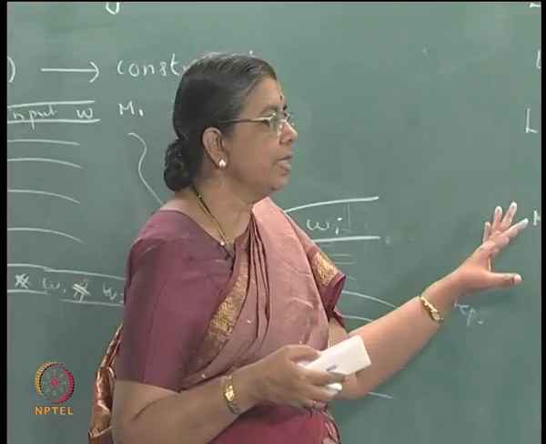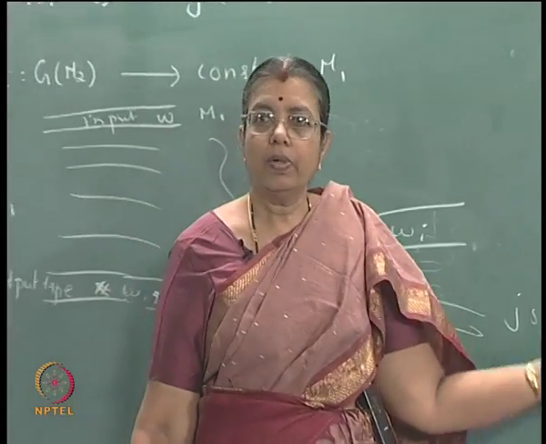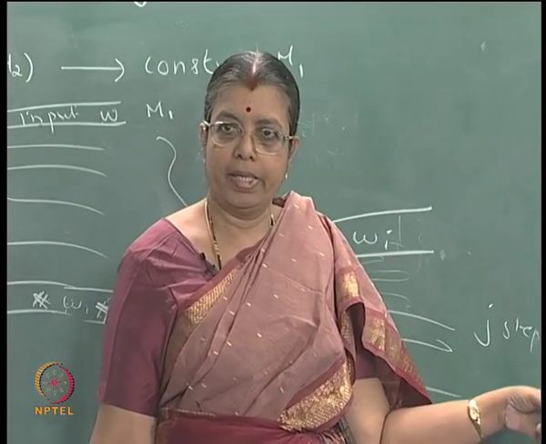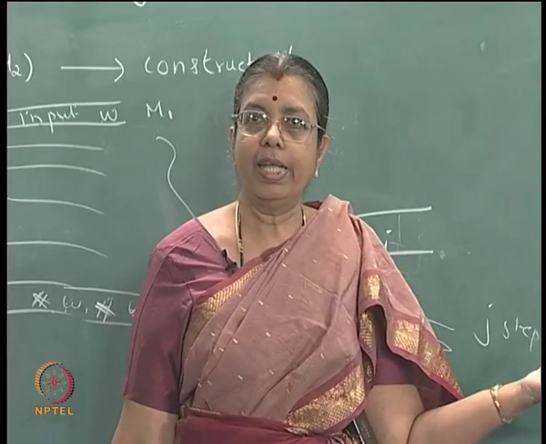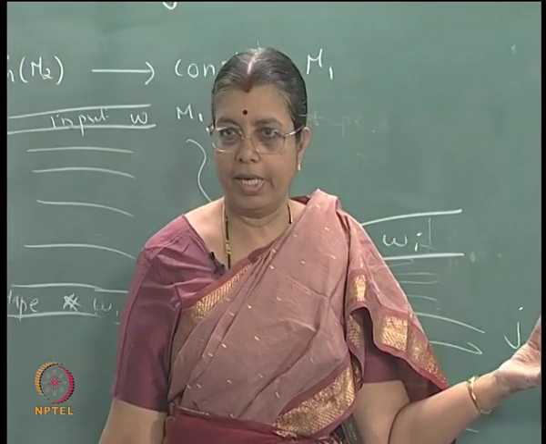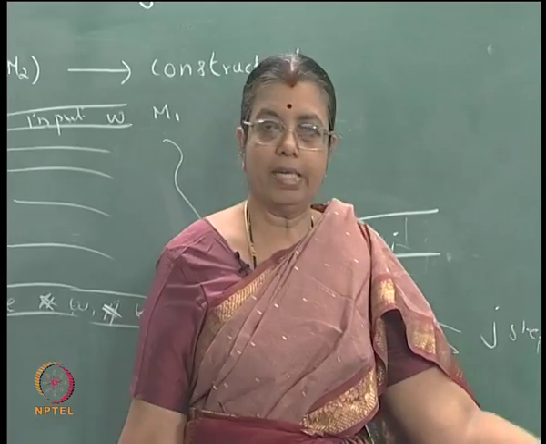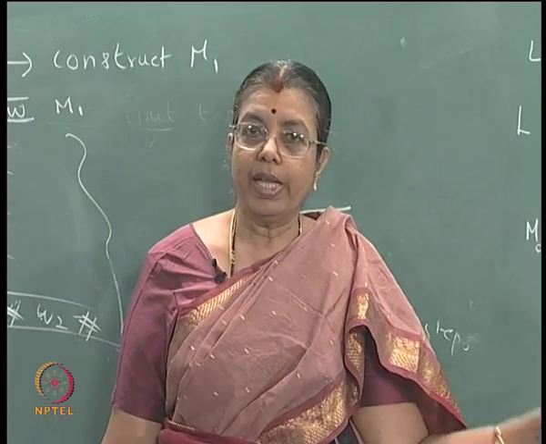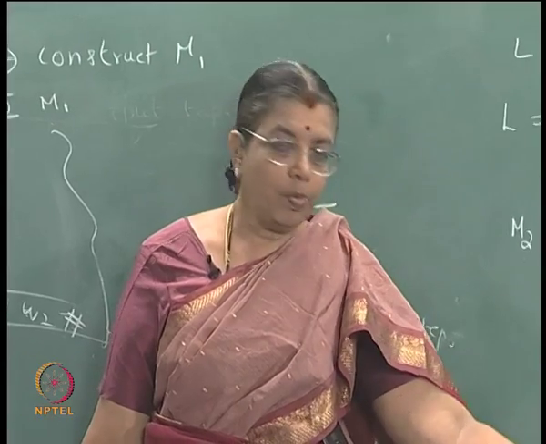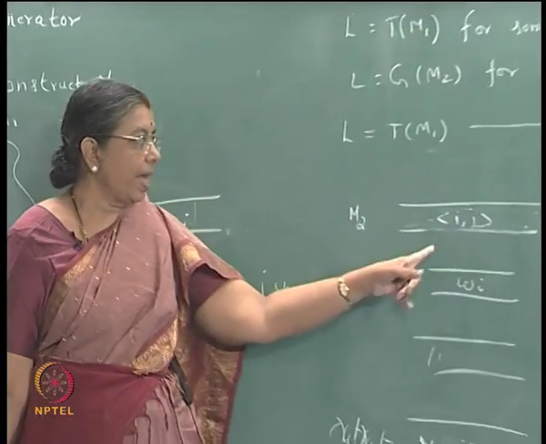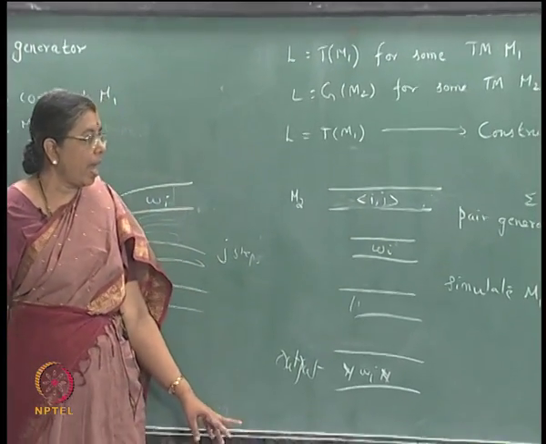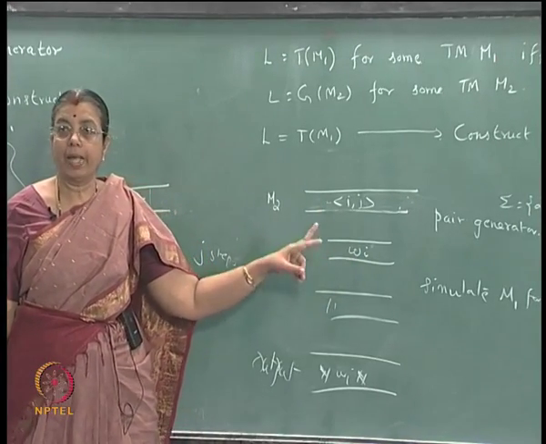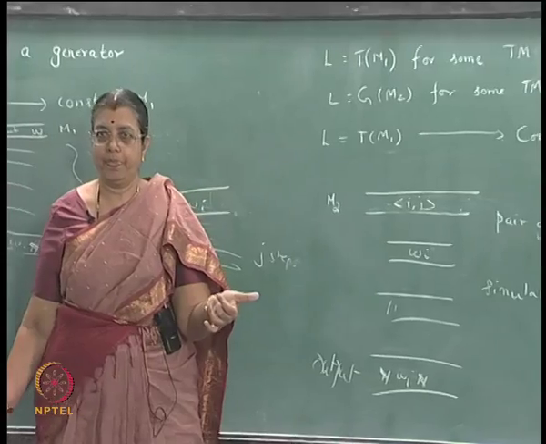Not only that, in this construction you will note that one string will be generated only once. Of course, there is no necessity in the definition that one string should be generated only once, but in this construction you will see that it is. The reason is you generate that string on the output tape only when the pair ij appears, Wi is generated, and it is accepted by M1 on the jth step.